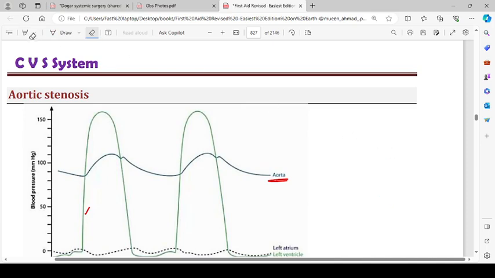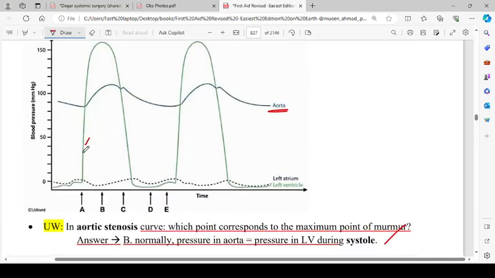Here you can see that when the aortic pressure is 80 millimeters of mercury, the valve can't be opened. The valve opens only all the way over here, I guess, because due to aortic stenosis the ventricle has to put in way more effort so that the valve could be opened, and then it also closes suddenly.